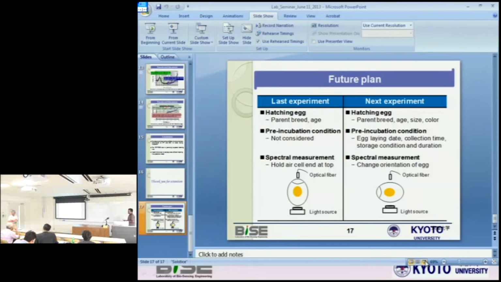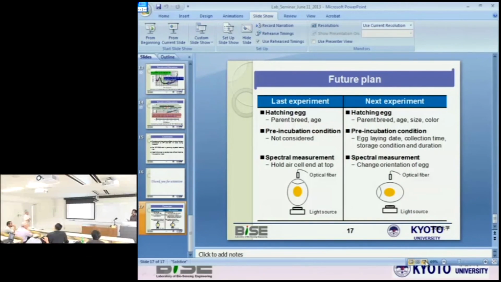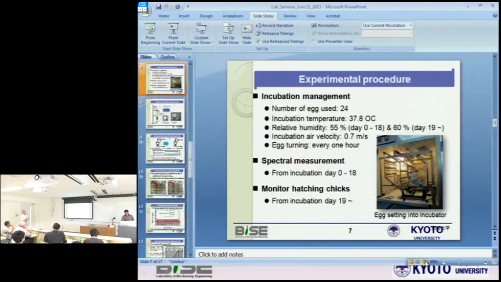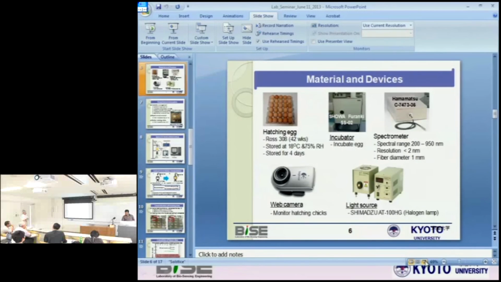What kind of light source? Halogen lamp. Halogen lamp, in short wavelength. What's the color temperature?